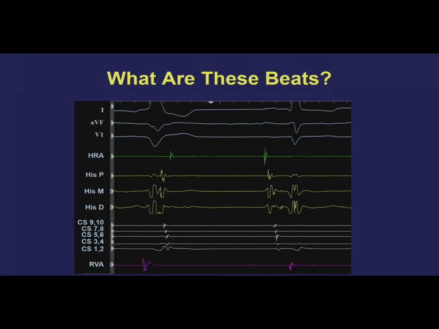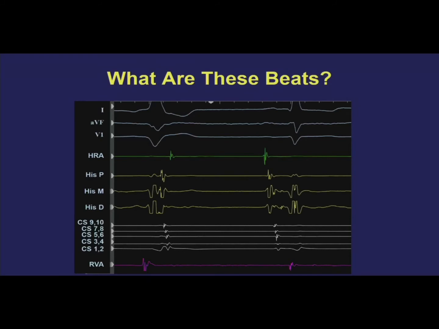So I heard that the His is coming before it, but that's true in sinus also. The His comes before. The HRA is the answer, right? There's only one electrode here that tells you that there's a different activation sequence in this atrial beat compared with this one. Here in sinus, the HRA is early. Here it's late.